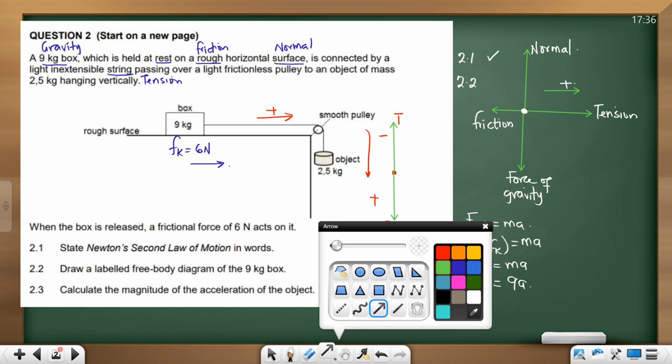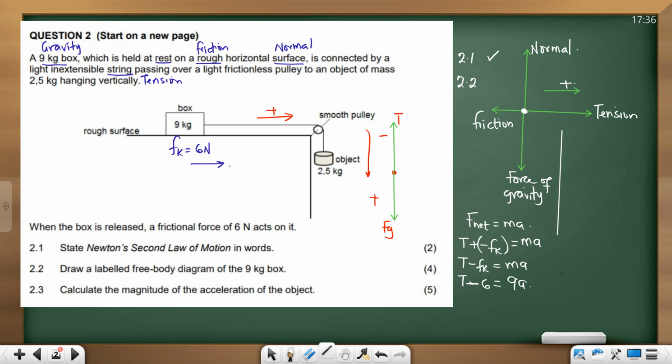I'm trying to squeeze everything right on one page. Our second equation will therefore be F net equals ma, but it is now Fg is positive plus our tension, which is negative. All right, mg, what's our mg? 2,5 multiplied by 9,8 minus T equals 2,5a.